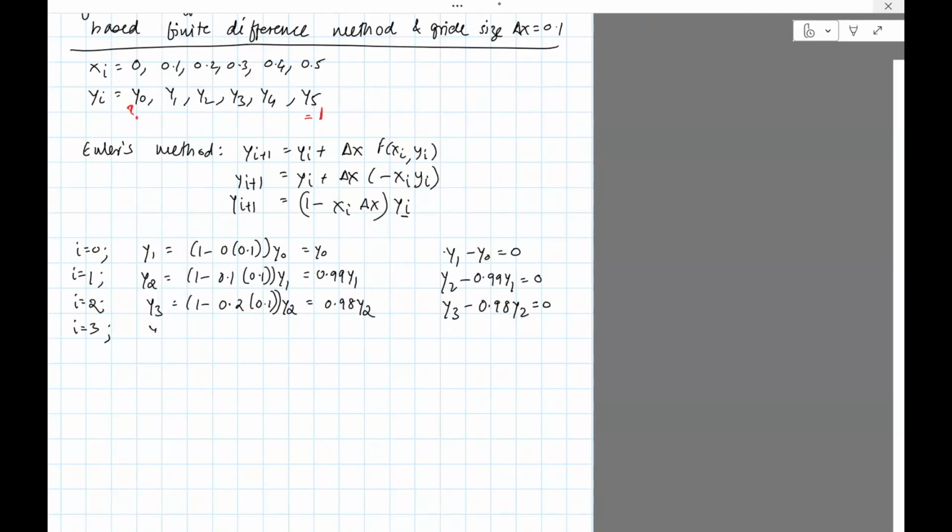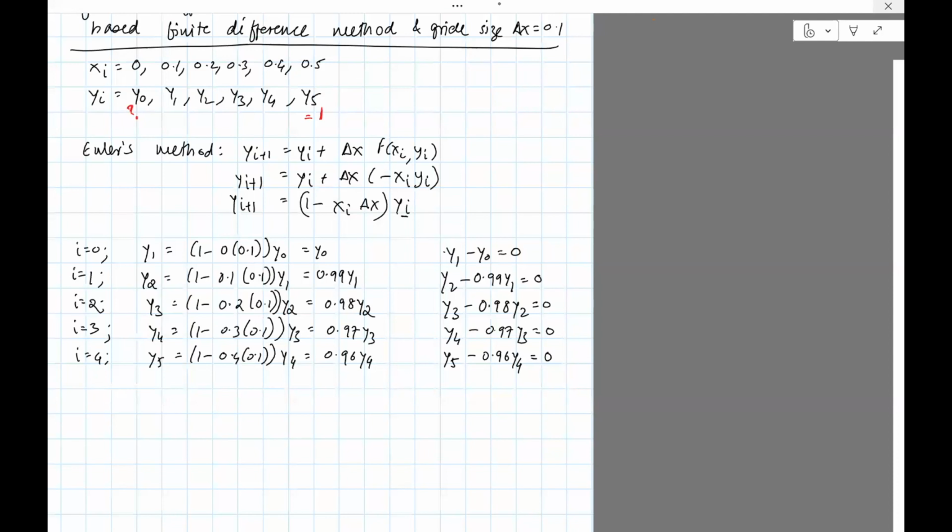Keep doing that. y4 equals 1 minus 0.3 times 0.1, this will be 0.97 y3. So y4 minus 0.97 y3 equals 0. And then there's clearly a pattern. y5 is 1 minus 0.4 times 0.1 times y4, 0.96 y4. And so y5 minus 0.96 y4 equals 0.